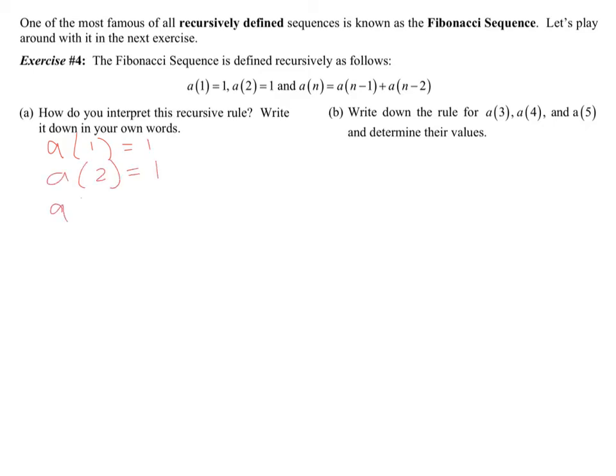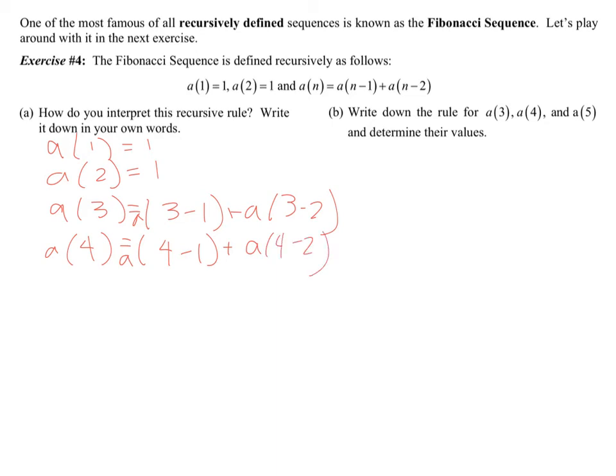But our third one is going to be a of 3 minus 1 plus a of 3 minus 2. And our fourth one is going to be a of 4 minus 1 plus a of 4 minus 2.